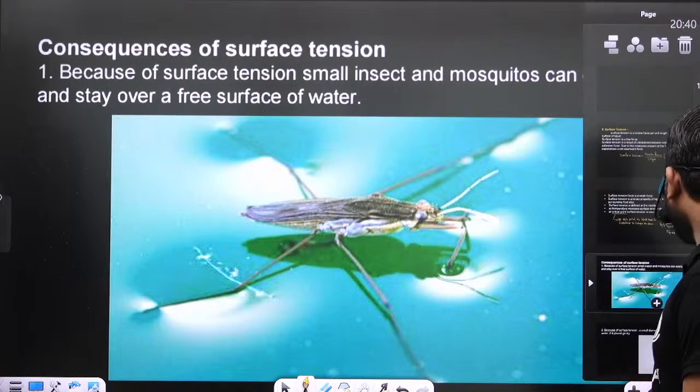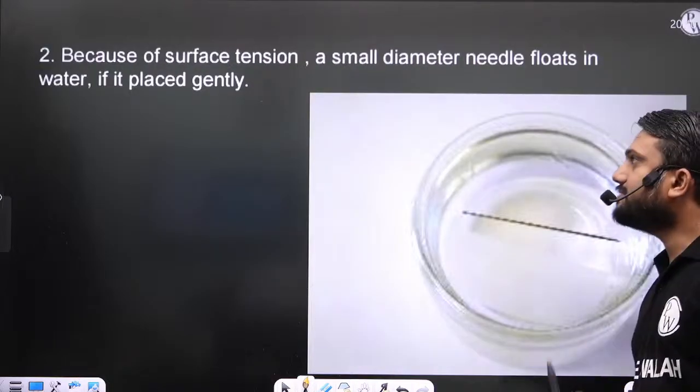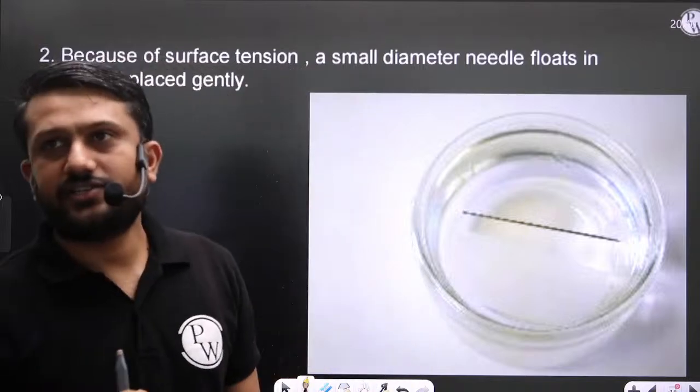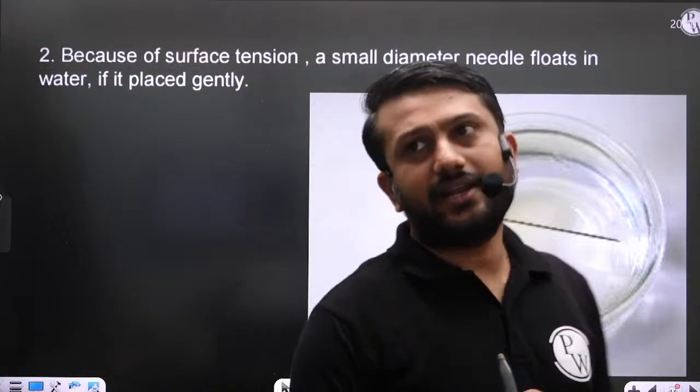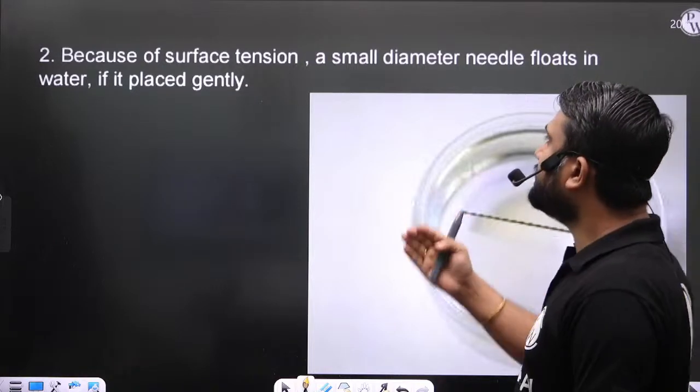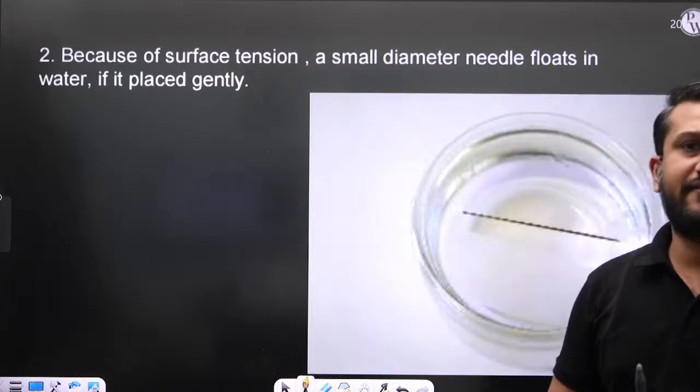Now the second consequence: because of the surface tension, a small diameter needle floats in water if you place it very gently.